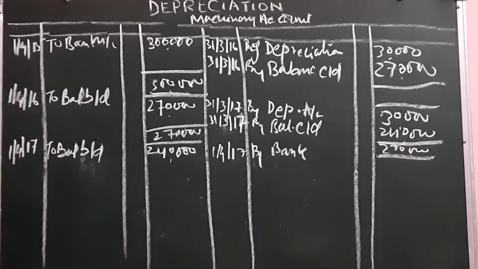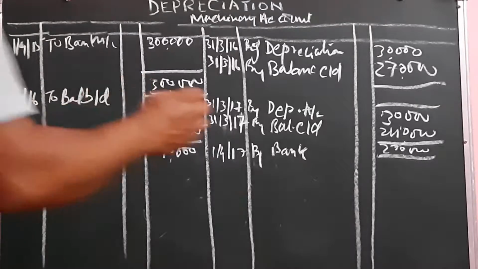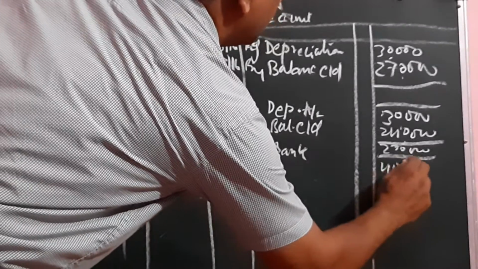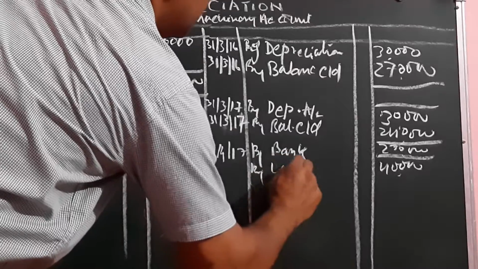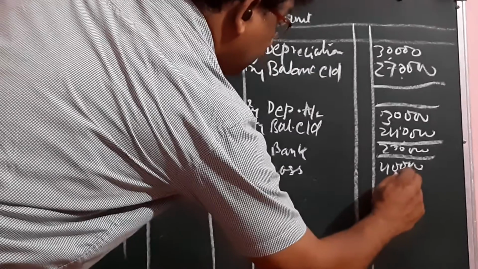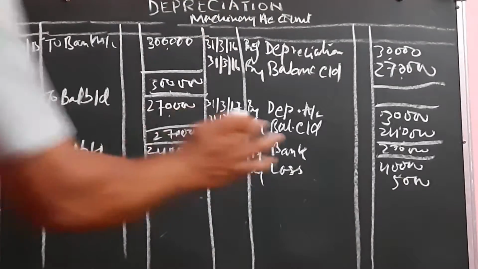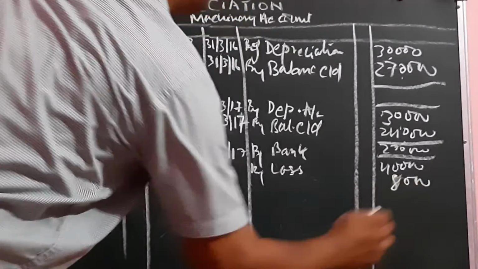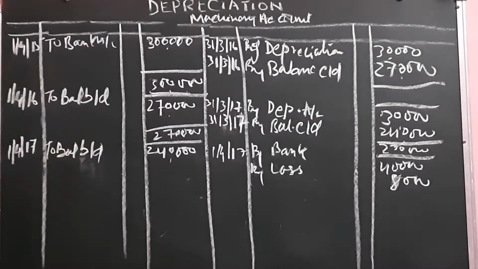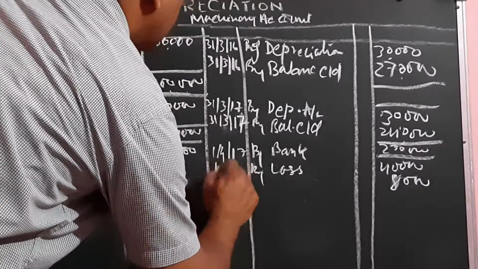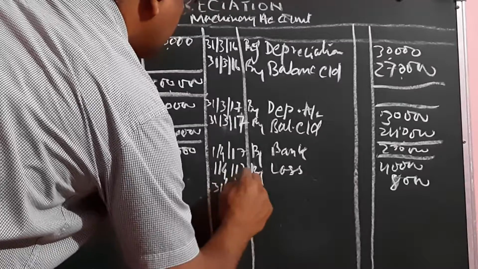The sale proceeds we have already calculated as 40,000. And the loss on sale is 8,000.